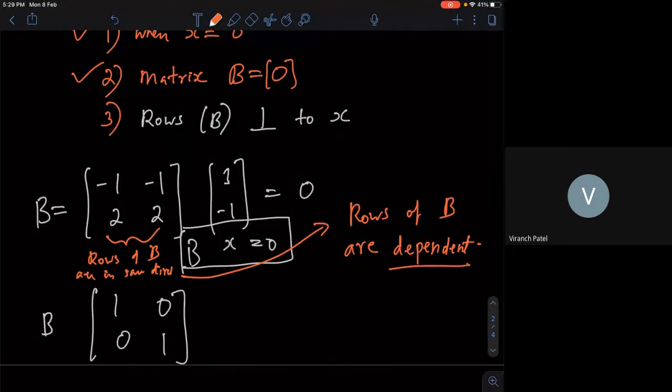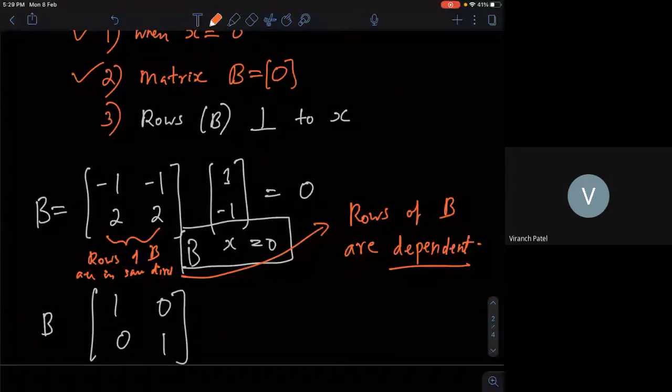If two rows of B are in the same direction, obviously they are dependent. But if there are multiple rows, they need not be in the same direction. But if they are dependent, you can do this. Why is that? Why is it even possible?